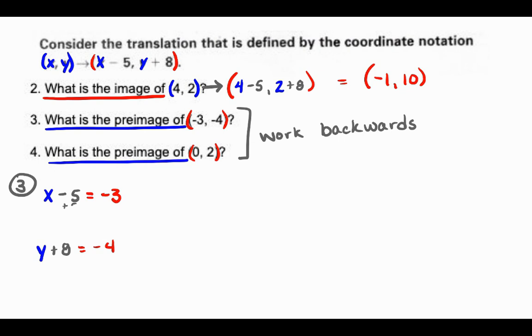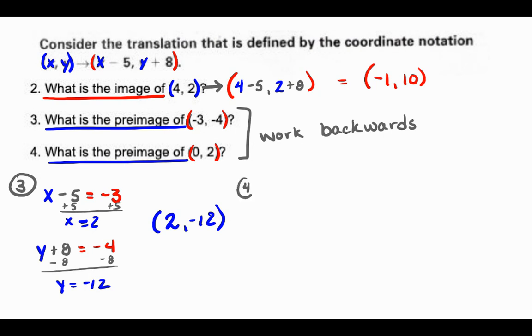So we would have to add the 5 and subtract the 8, and we end up getting that x equals 2 and y equals -12. So our answer is the ordered pair 2, -12.